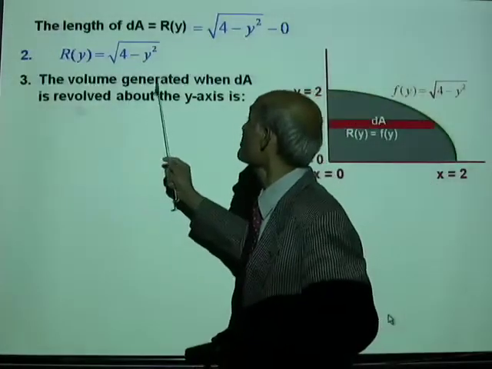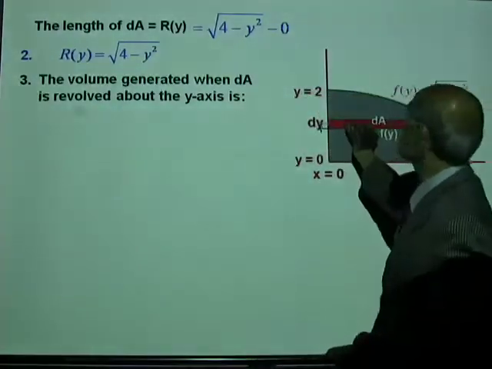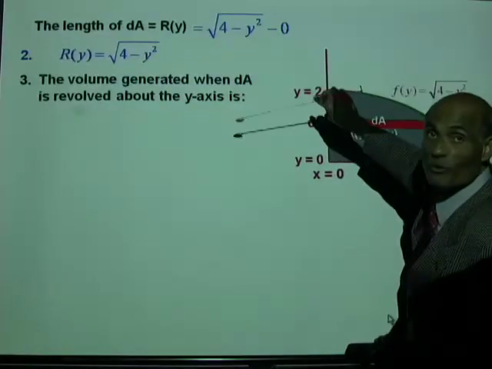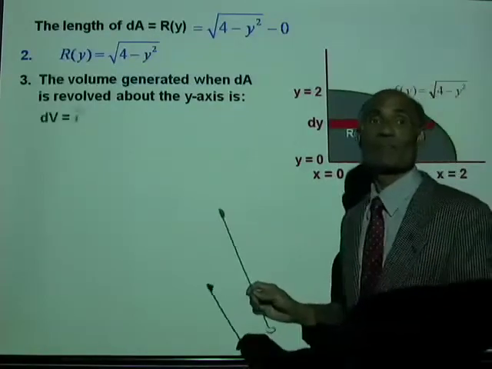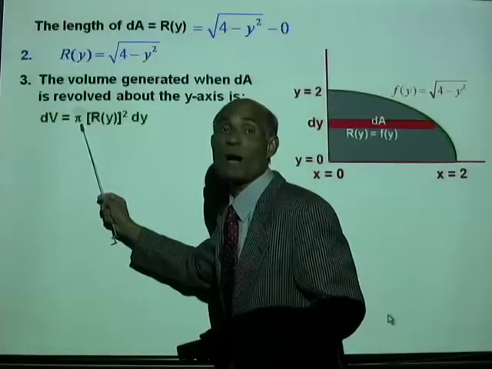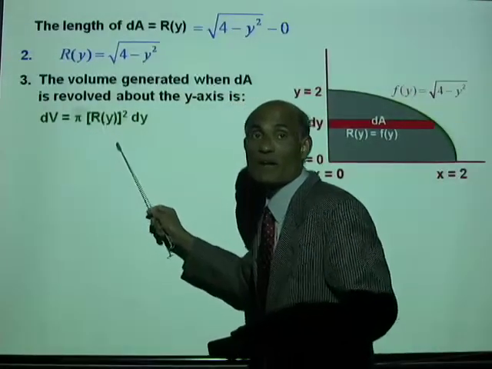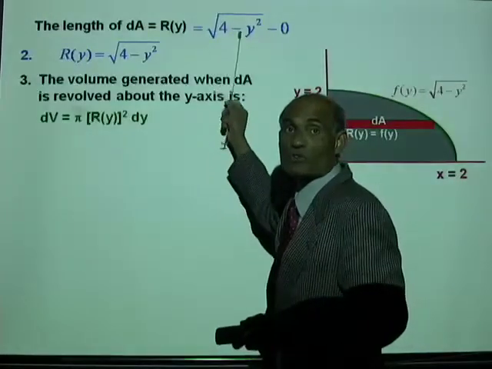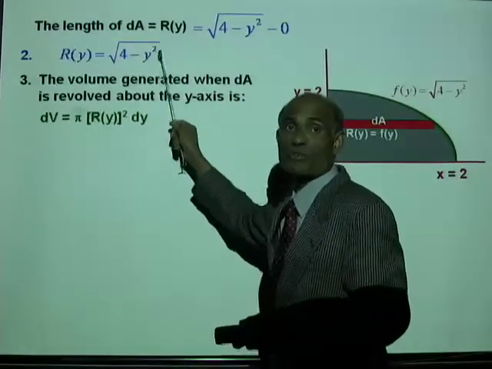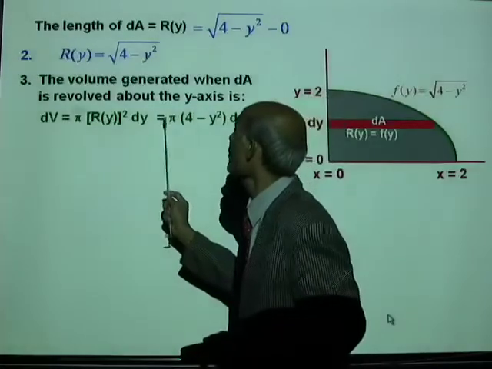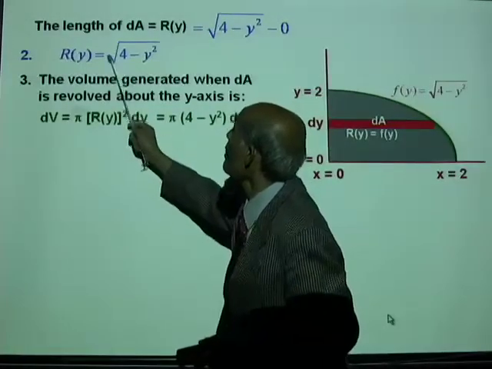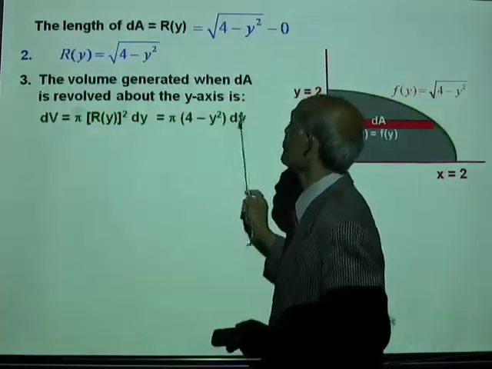Now, what is the volume generated when this dA is revolved about the y-axis? It will be dV equal to pi r(y) all squared dy, and that r(y) equal to this quantity. So that will be 4 times the square of this will be 4 minus y squared dy.